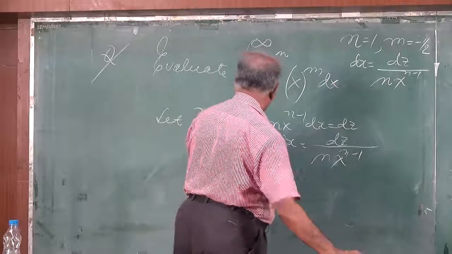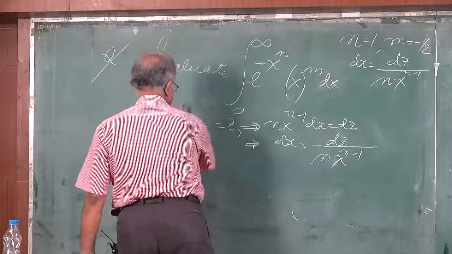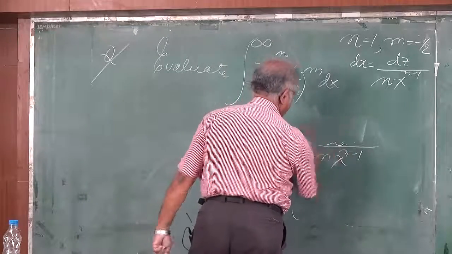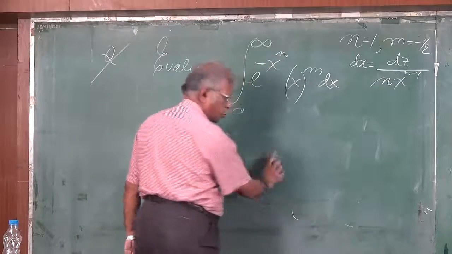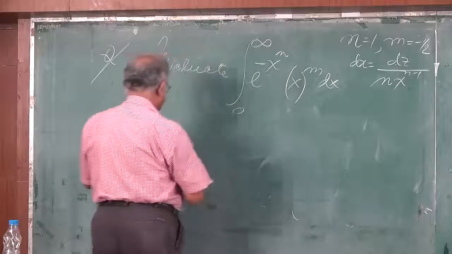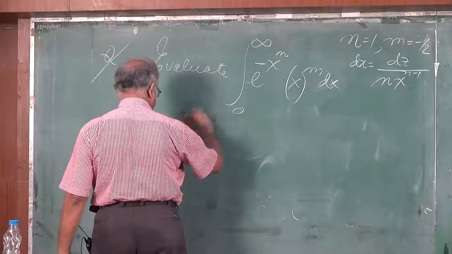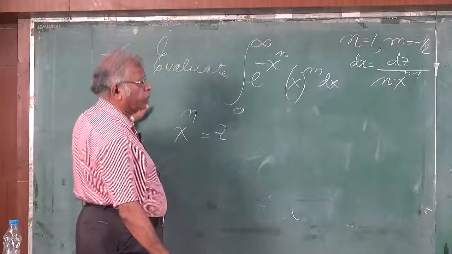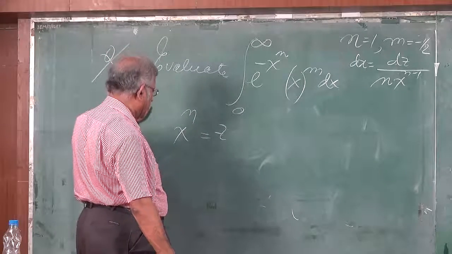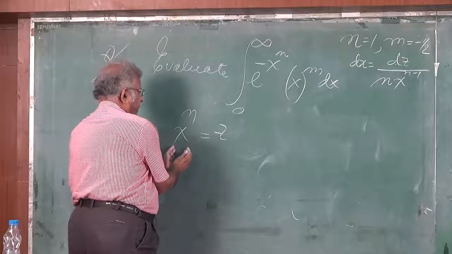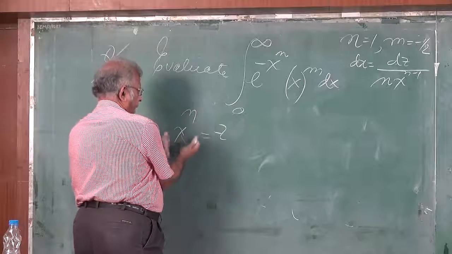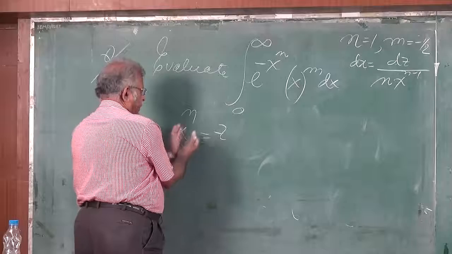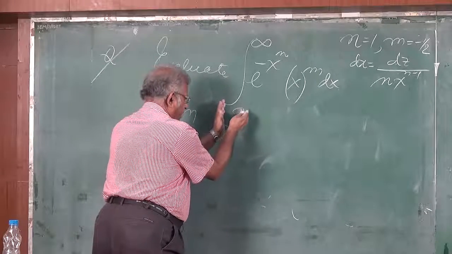Now, we remove this space, but remember that we have taken x to the power of n to be equal to z. Now, to get x to the power of n minus 1, we can see that if we raise this to the power of n minus 1 over n, then we get z to the power of n minus 1 over n.